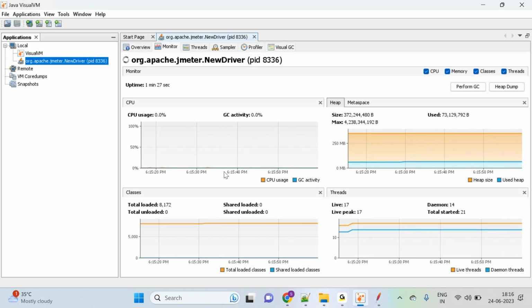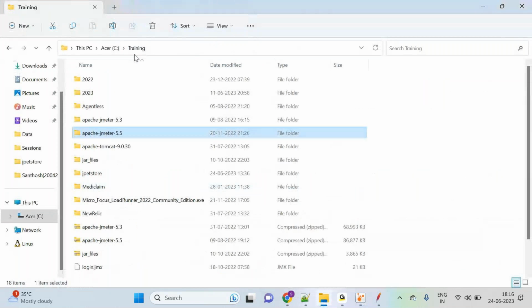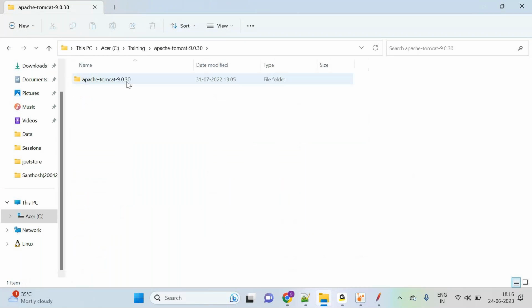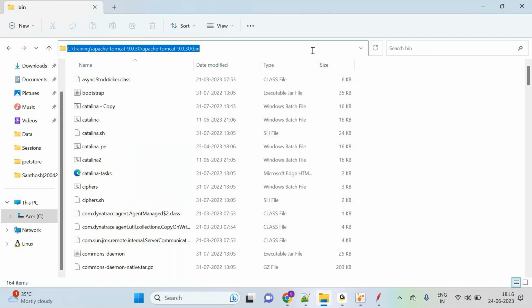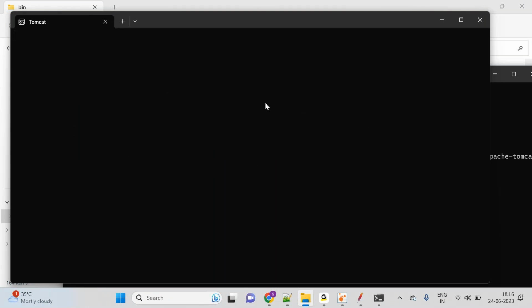So this is just an example I'm showing. Similarly, I have one Java server called Apache Tomcat, and I'm going to simply start that server, just for example purposes, don't worry.